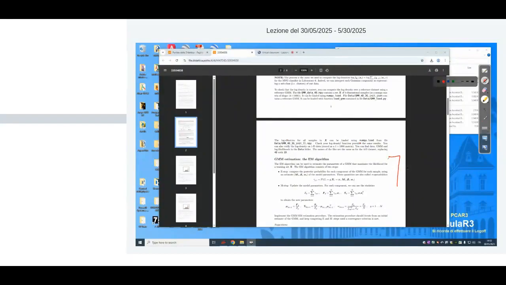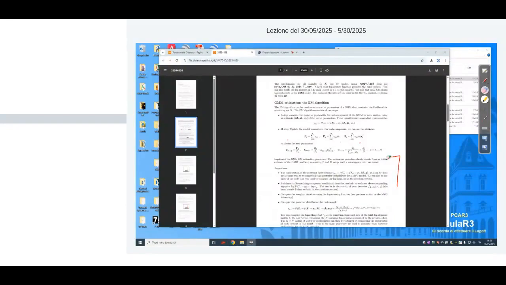The EM algorithm, called from expectation maximization, we don't see why, but essentially it's an algorithm that is more general, that applied to the GMM gives exactly the procedure that we have seen.